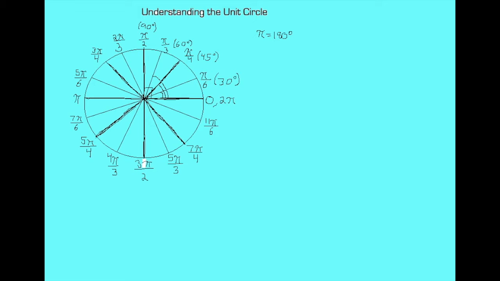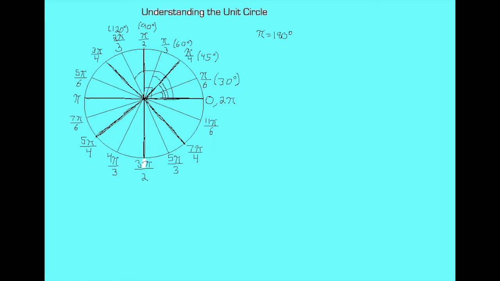2 pi over 3 equals 2 times 180 divided by 3, which equals 360 divided by 3, which equals 120. Therefore, 2 pi over 3 equals 120 degrees. This whole angle is 120 degrees.